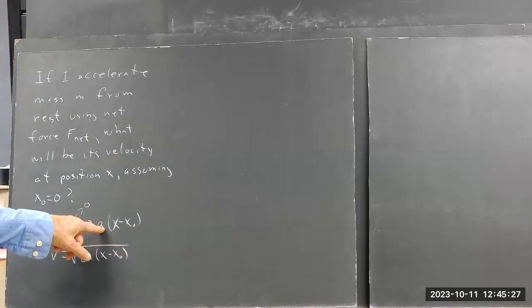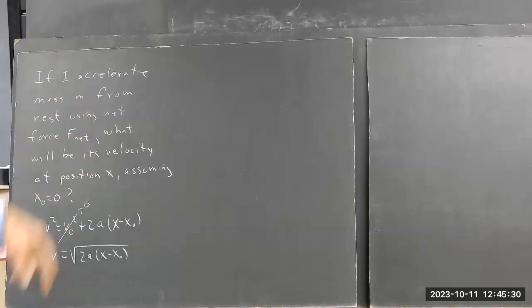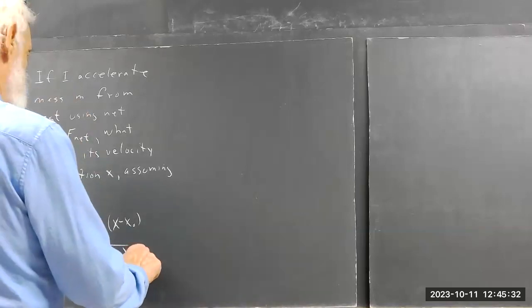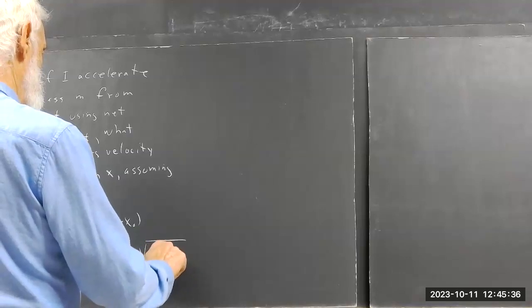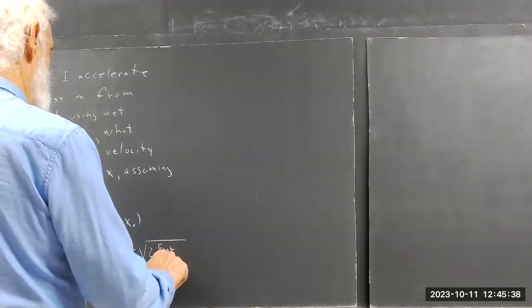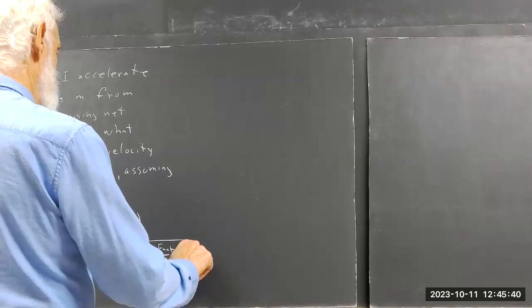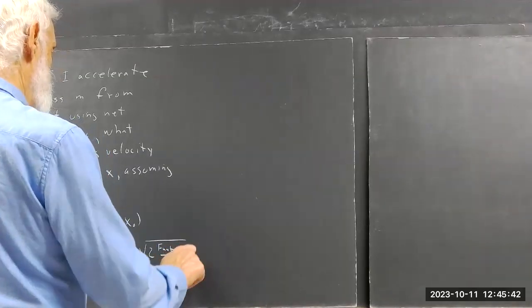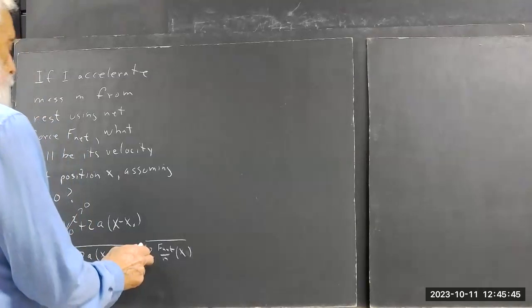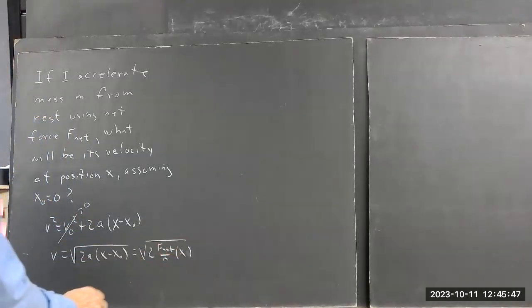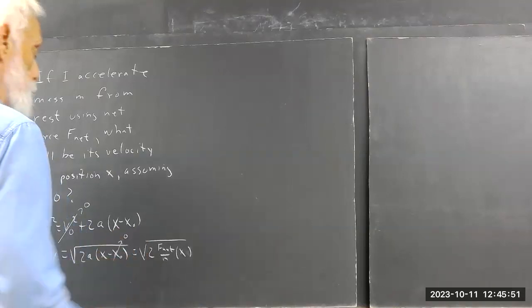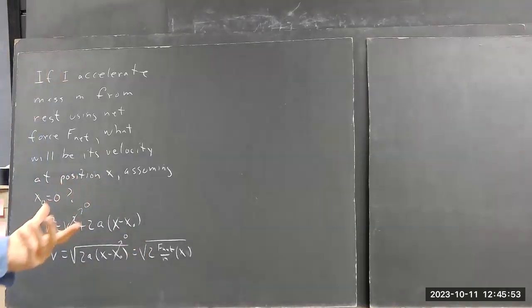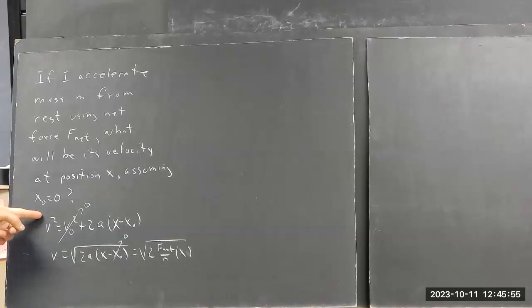Now, a isn't given, but we got net force and we got mass. It's 2 times F net over m times x.